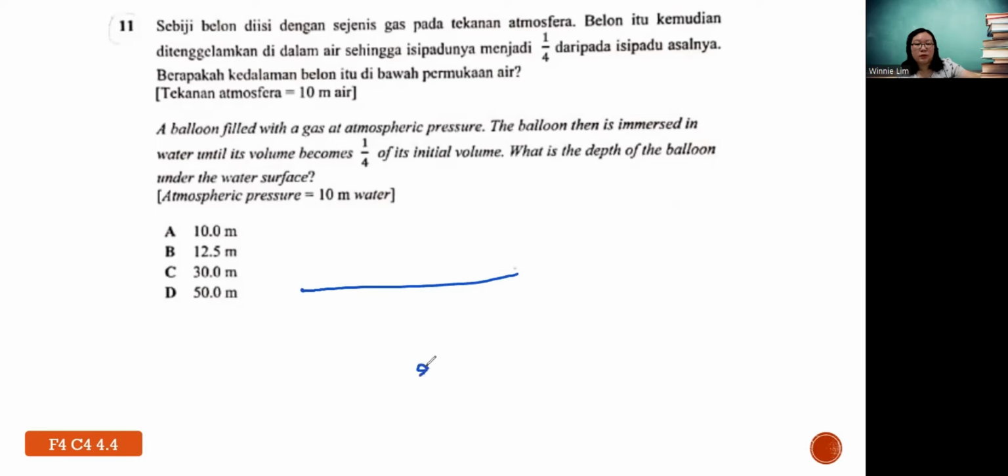You immerse it into the water, and they want you to find this depth, while the volume becomes 1/4. That means initially you have a balloon acted on by just atmospheric pressure.